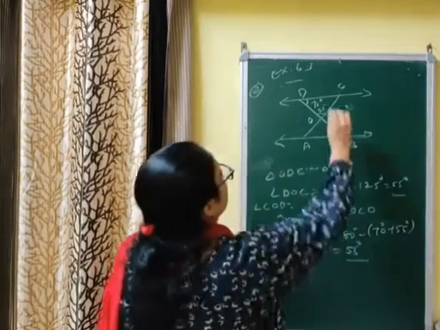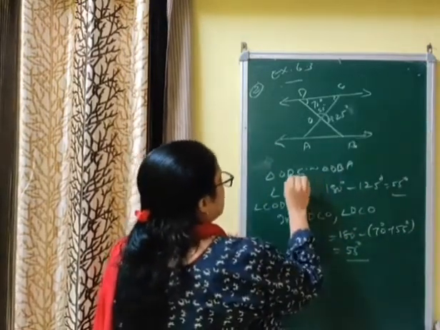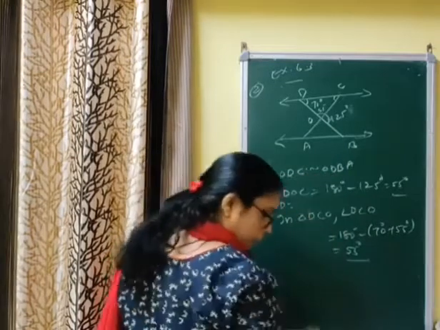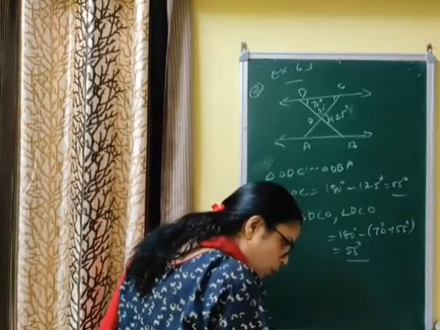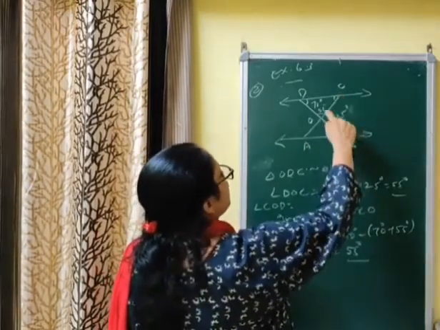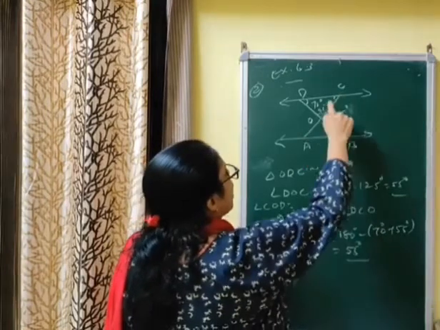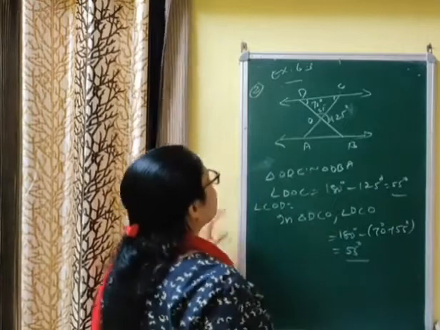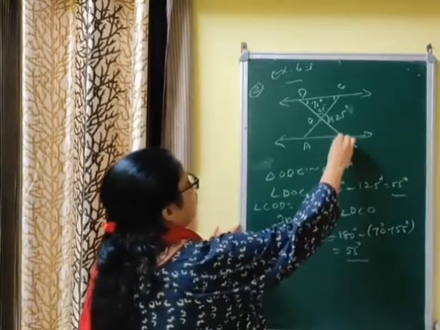Angle OAB. लेटर देखिए. आपको ट्रायंगल कौन कौन दे रखा? ODC एंड OBA दे रखा है. तो आपको एंगल पूछा गया आपसे OAB.